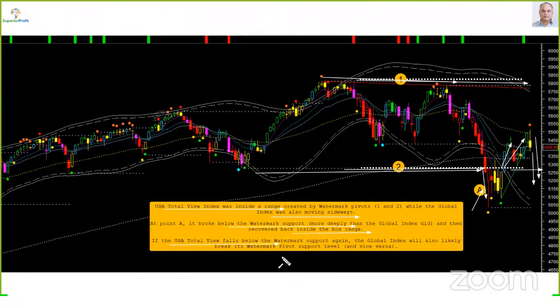The slide was created some time ago. The global index will also likely break the watermark pivot support, and the exact same thing happened. This was created some time ago. After some time, the global index and USA total view, this is the total, both broke below the box. They are related.